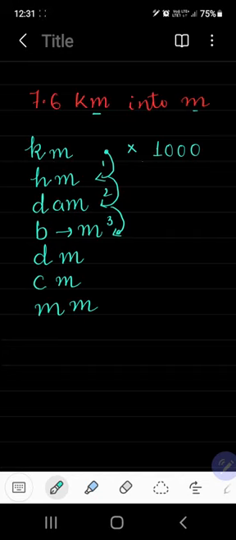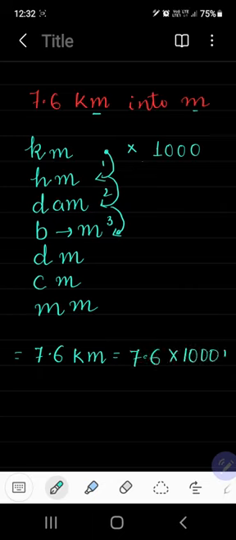So let's solve this. So now we have 7.6 kilometer. When we are converting it into meter, so 7.6 multiplied by 1000 meter. So 76 we will write as it is, और इसके साथ we will add 3 zeros, 1, 2 and 3.